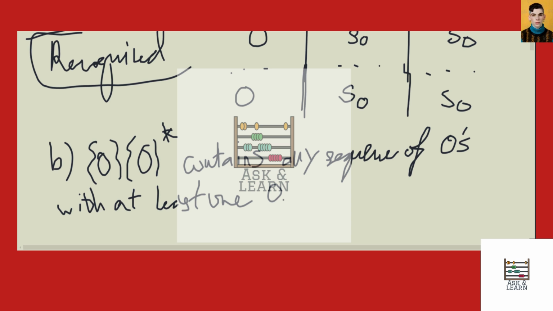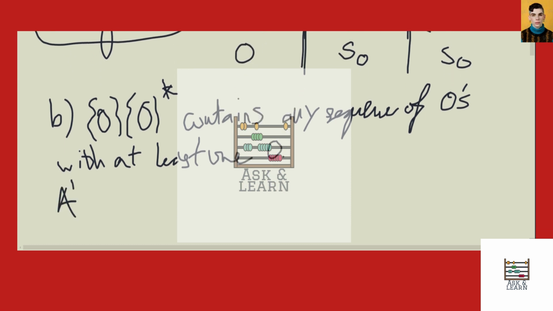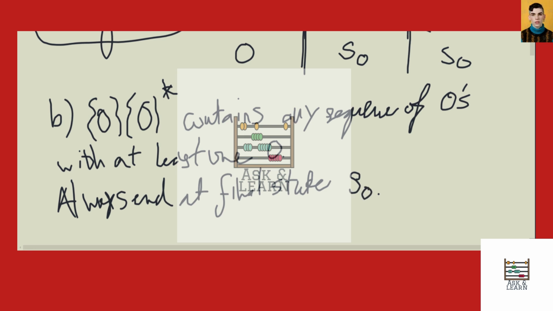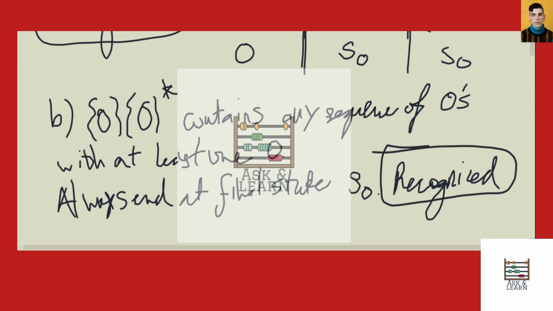We saw that in the previous part, even if we don't have an empty string, we're always going to end on the state S0, and S0 is a final state. So it follows that all of the strings in this set are going to be recognized by the automaton.